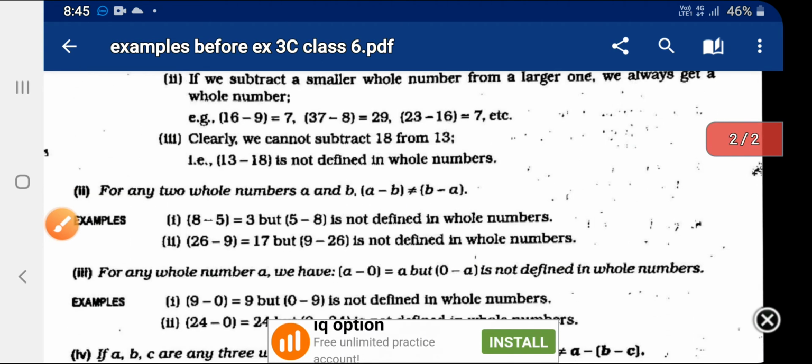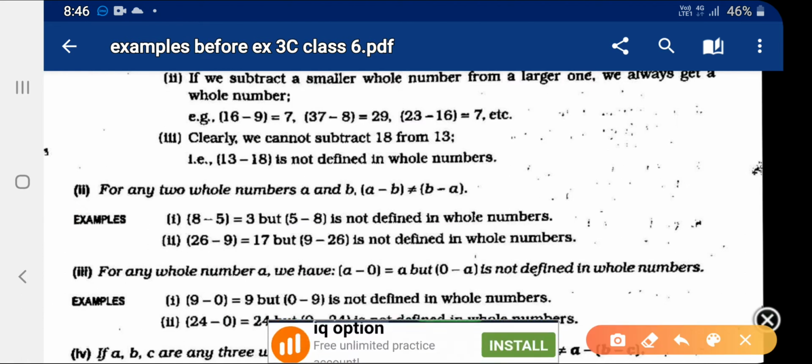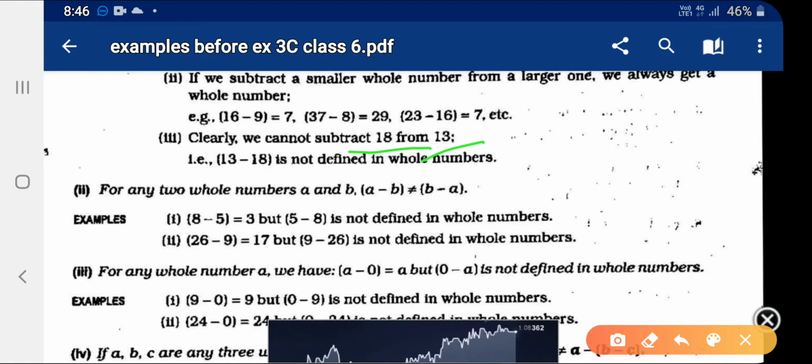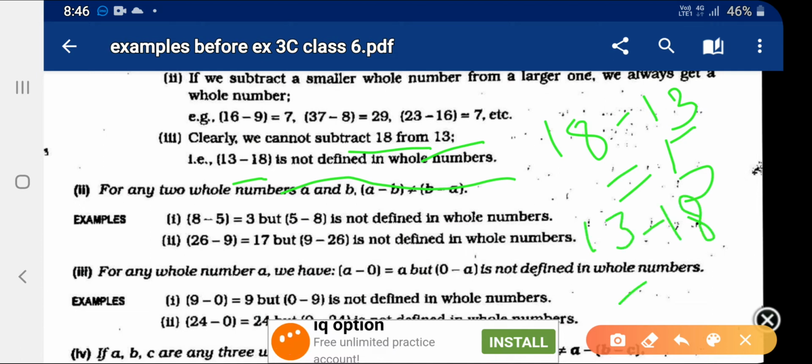Let's come to the third point. It says that clearly we cannot subtract 18 from 13. That is, 13 minus 18 is not defined in whole numbers. It will be defined in integers. I have already told you that 18 minus 13 is 5, but 13 minus 18 is minus 5.